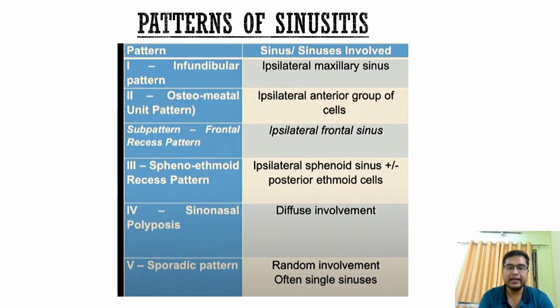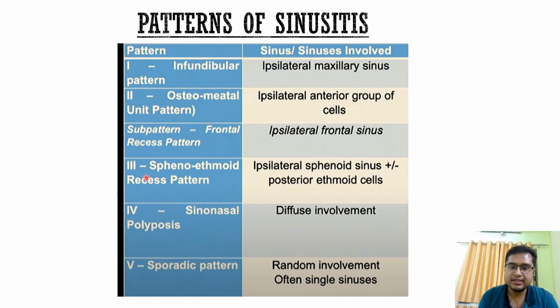Another important thing that should be included in the report is the pattern of sinusitis, whether it is the infundibular pattern involving the ipsilateral maxillary sinus, or the osteomeatal unit pattern involving the ipsilateral anterior group of cells, that is maxillary sinus, anterior ethmoidal cells, and frontal sinus. There is a sub pattern in this particular unit, that is the frontal recess pattern only involving the frontal sinus, that is involving the frontal sinus drainage pathway.